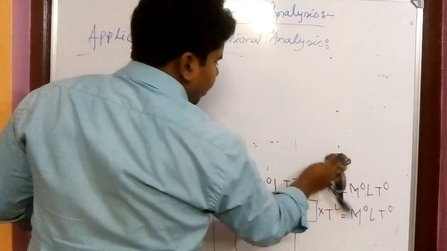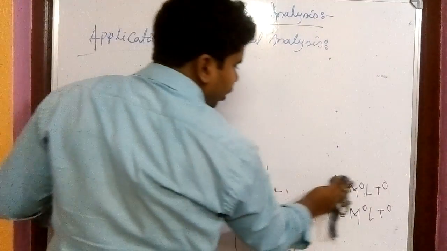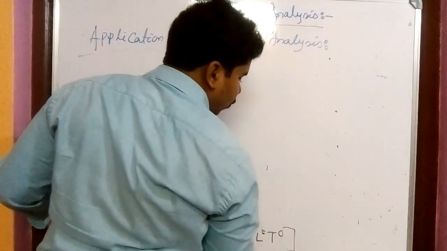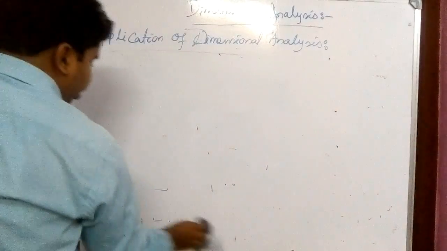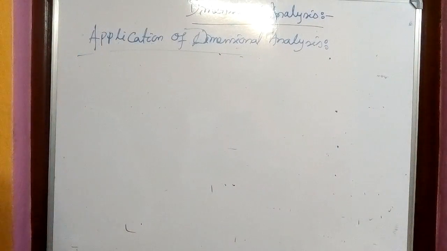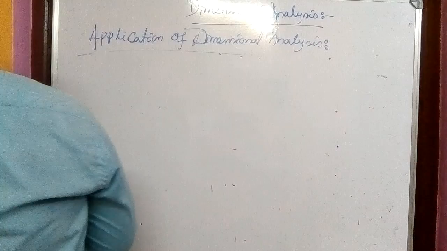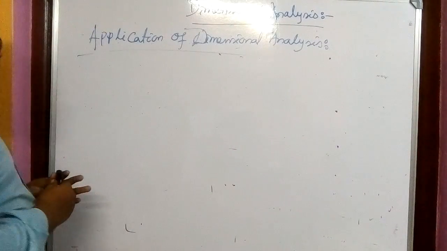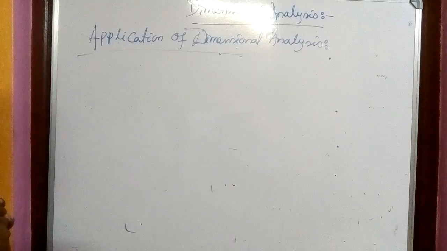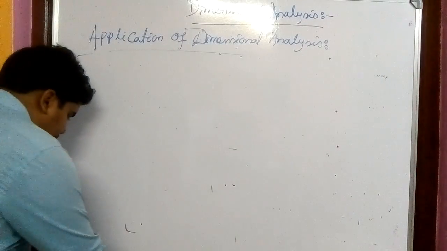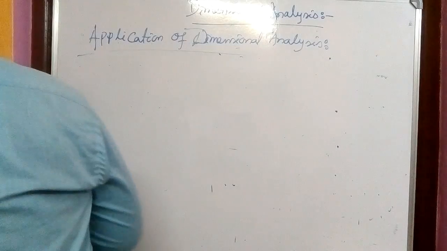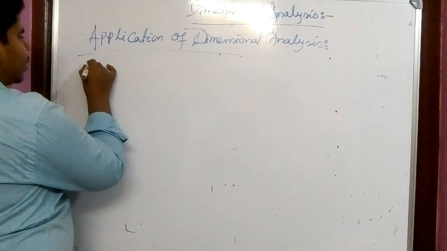It tells us that if we know the dimensions of two quantities, we can find the relation between them. What is that? Now by the dimensional analysis, we can find the relation between two physical quantities. How? So first we have to write the heading. Okay, what is the heading? To derive the relationship between different physical quantities.